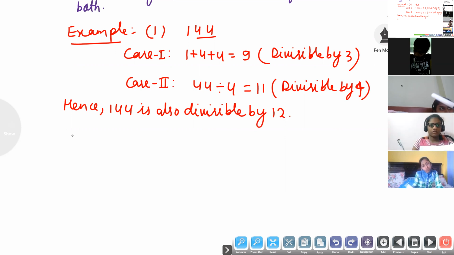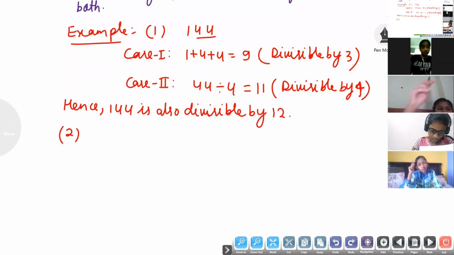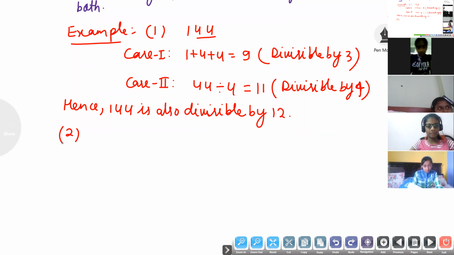Example 2: 342. I want to check whether this number is divisible by 3 and 4 or not.